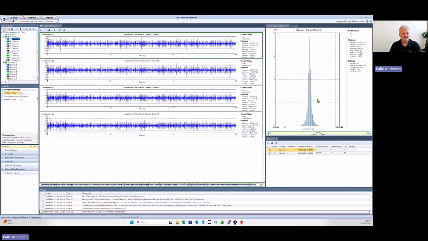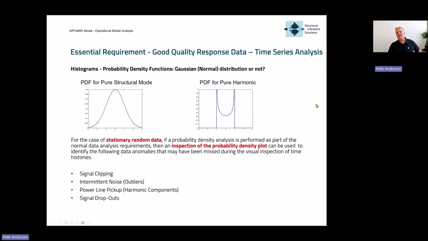Let's go back here, because things might not always be like that. If you have a sine wave that you are sampling instead of a response of a structure, then your histogram will look something like this. Suddenly, instead of having most of the samples situated around the mean value, like for Gaussian distributed data, now most of the time you are either at minus or plus the amplitude of the sine wave.